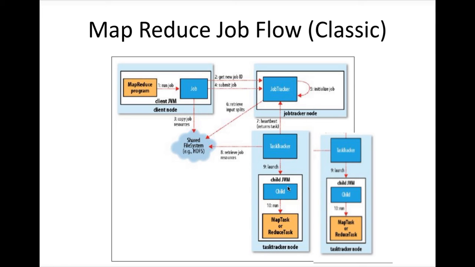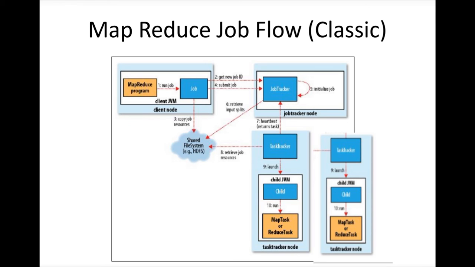And when the JVM is being invoked, task tracker actually copies the resources from the shared file system into the map task or reduce task JVM, and as part of the job resources, you will get the code, and that code will be used to process the data. So if you keenly observe, we have submitted the code on the client node, but the same code is copied in the form of job resources to HDFS first and then to the JVM which is actually processing the data.